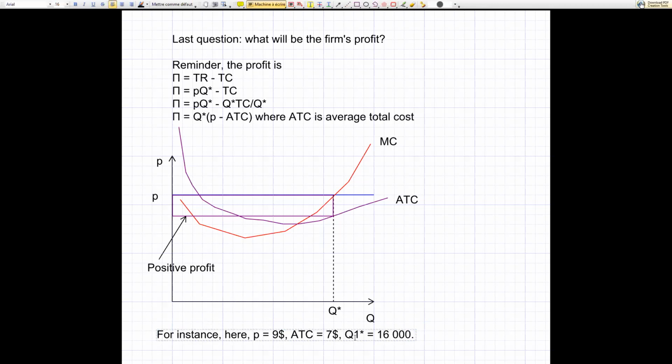So can somebody compute the total profit? $32,000. Yes, perfect.